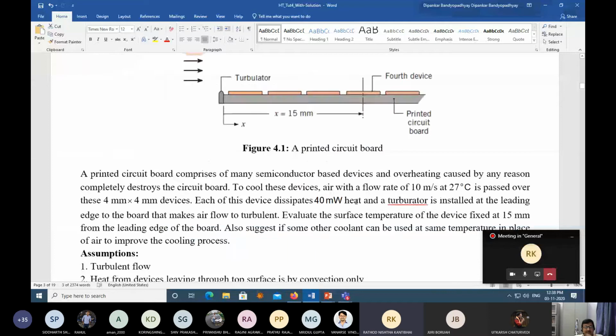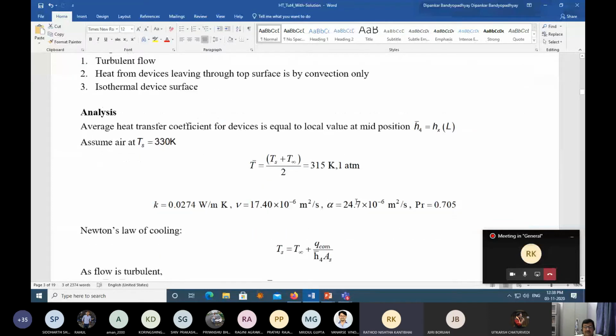So now calculate the Ts. Ts should be calculated from where? You know Q convection, Newton's law of cooling. So please quickly calculate what will be Ts.